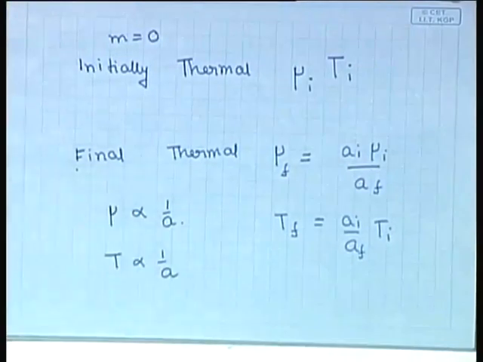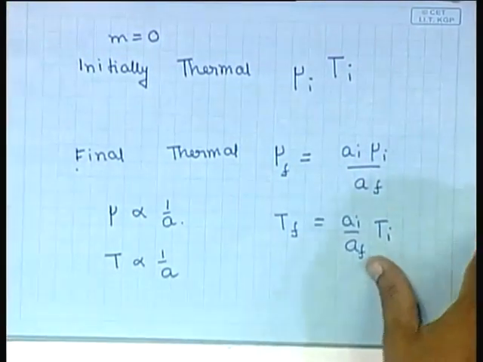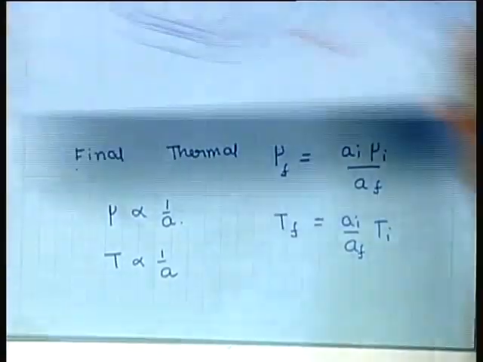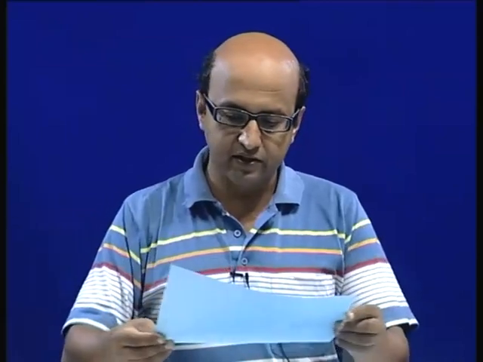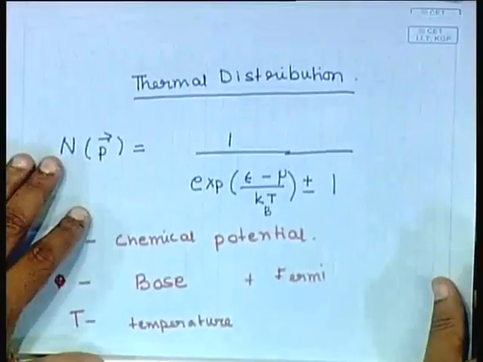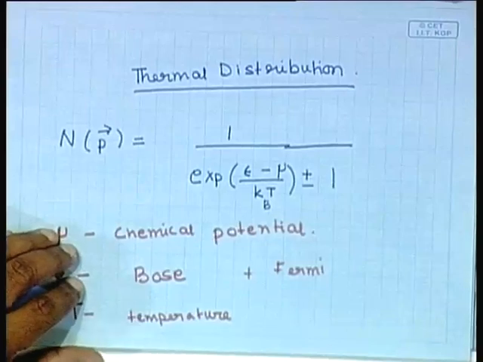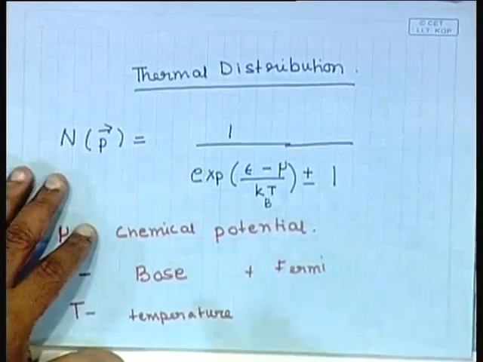Now, let us consider what happens if you have massive particles. This is what happens in the situation when you have massless particles, and I have told you the significance of this. Now, let us see what happens if you have massive particles. So, this is my distribution. Let us consider this distribution for massive particles.